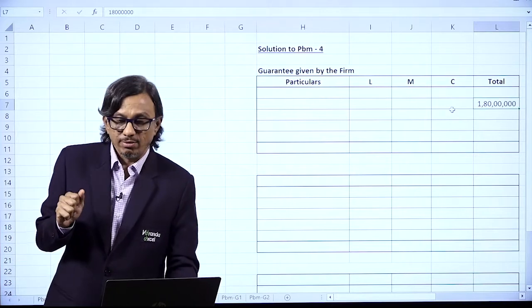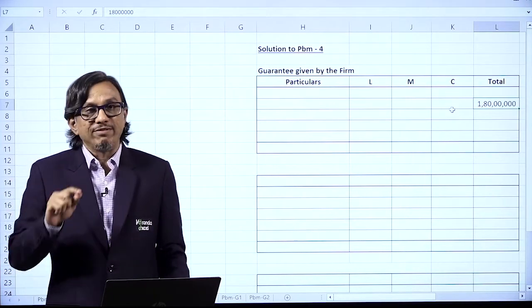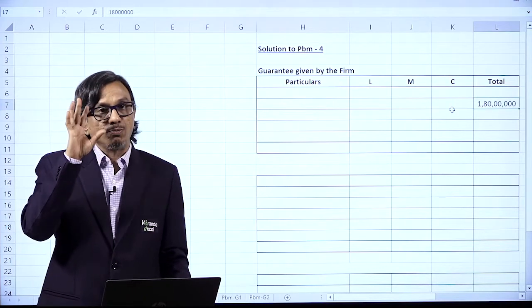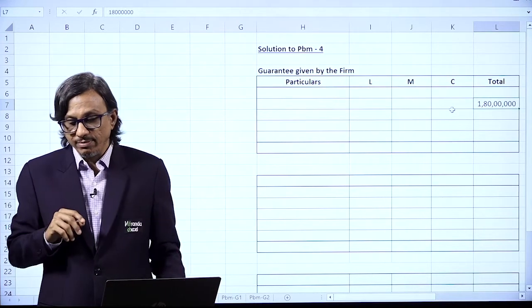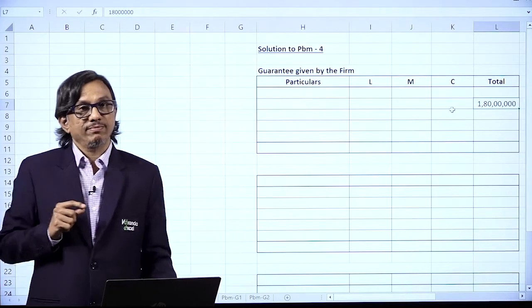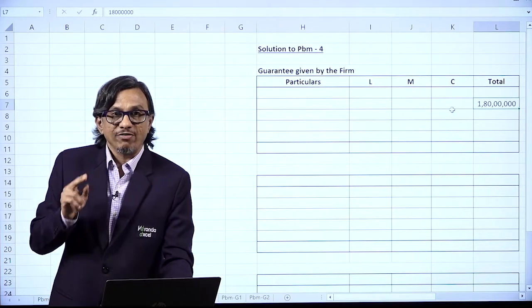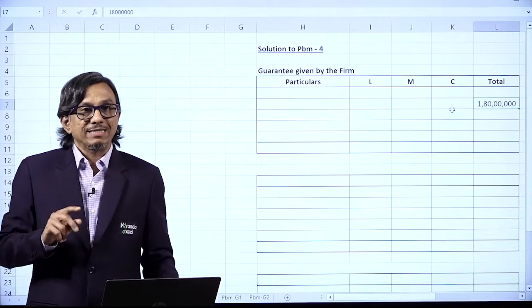See, in this problem, L and M were sharing profits in the ratio of 5:3. That is the old profit sharing ratio. C is given 1/5 share. 1/5 can be written as 2/10.